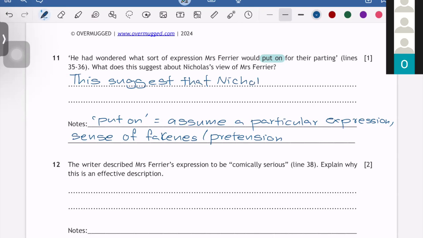So you'll notice that most of the questions where the answers are not given are mostly language based.